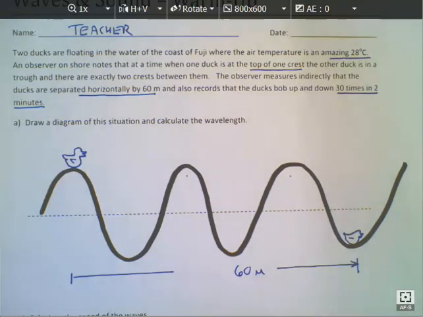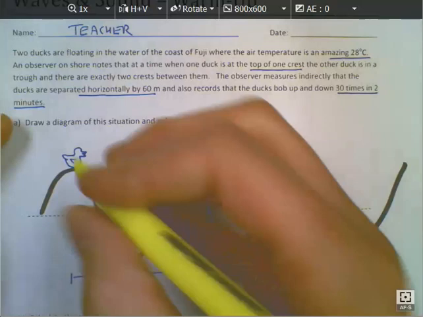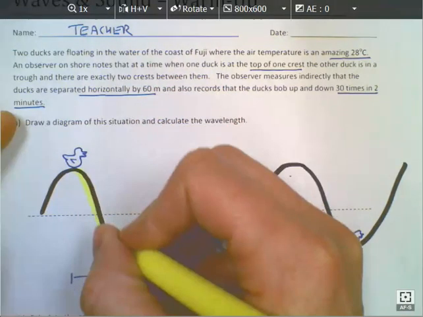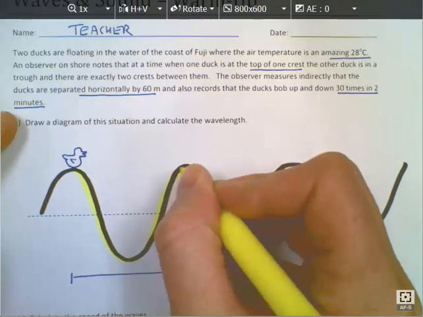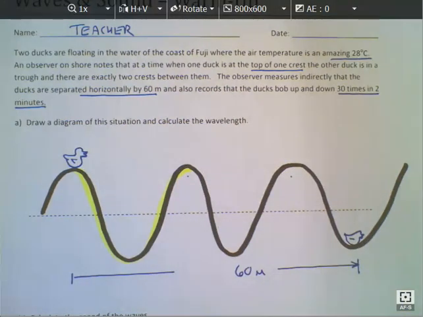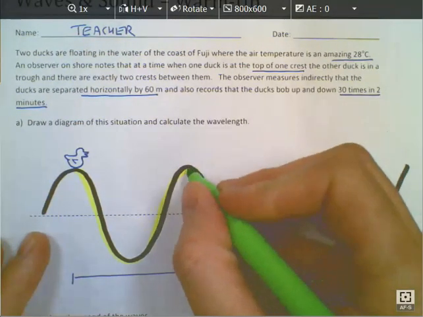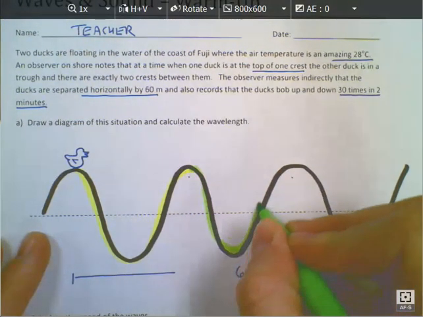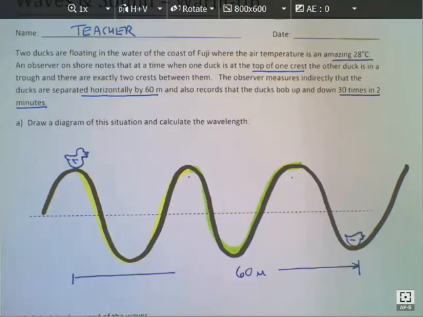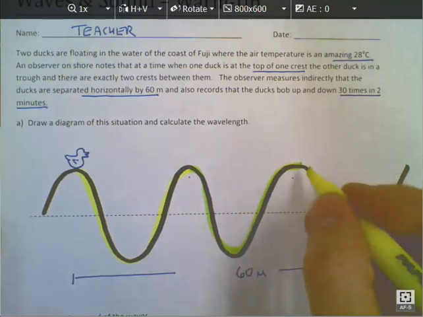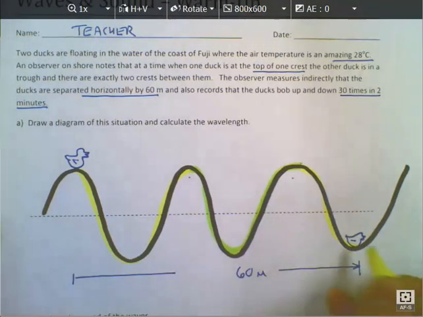What is the wavelength for one wave? If we're here and I draw one wave, that's one wavelength right there. And then I can draw another wavelength to there.